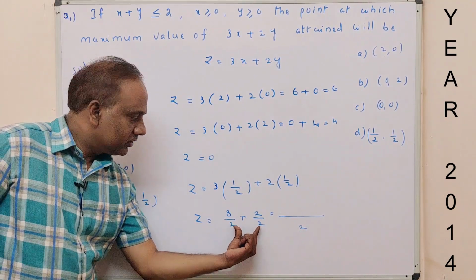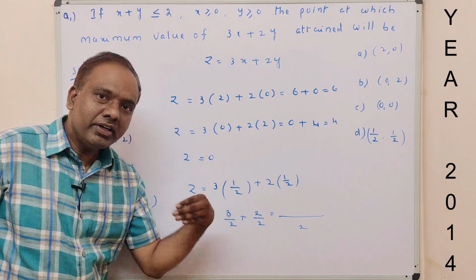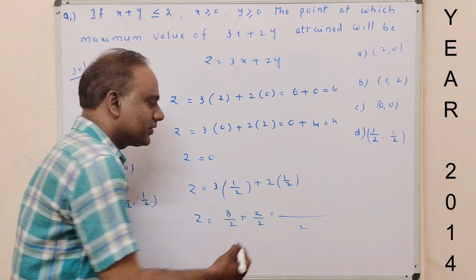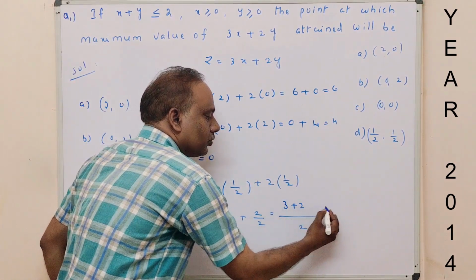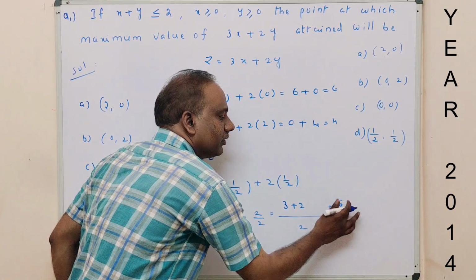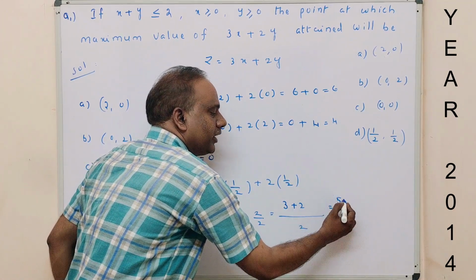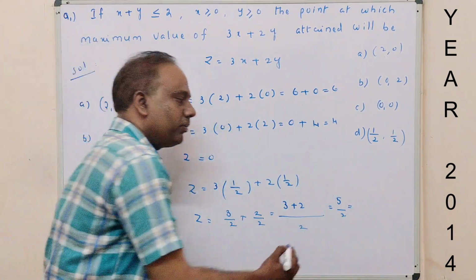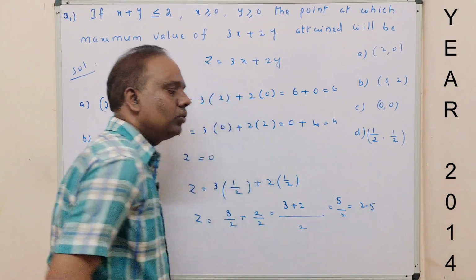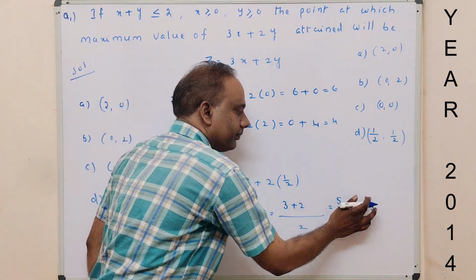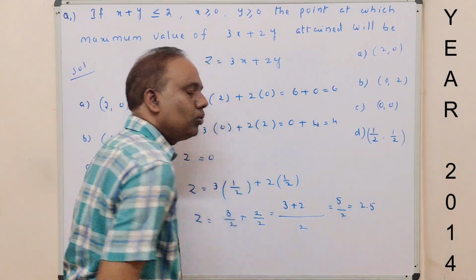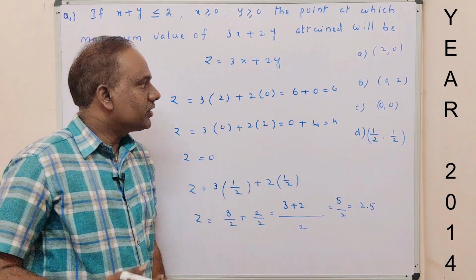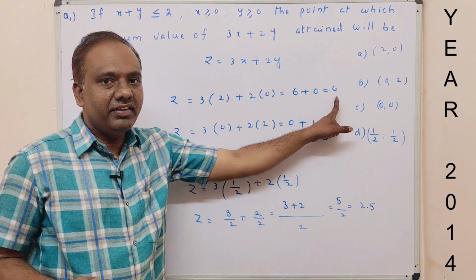This is the same denominator, so you can add the numerators directly. That means 3 plus 2, which is 5. So 5 by 2 is 2.5. So here the maximum value is 6.